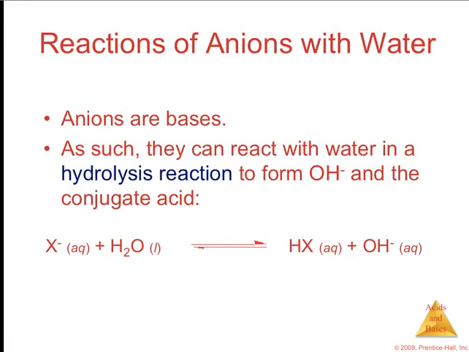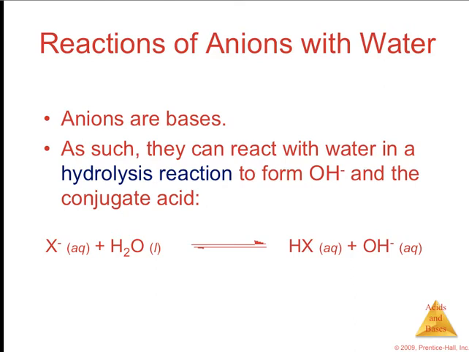Anions. Anions are bases. So negatively charged ions can act as bases. And what they're going to attract in the water molecule is that H+. So it's going to take that H+, bind it with itself, and that forms the hydroxide ion and increases the pH of the solution.